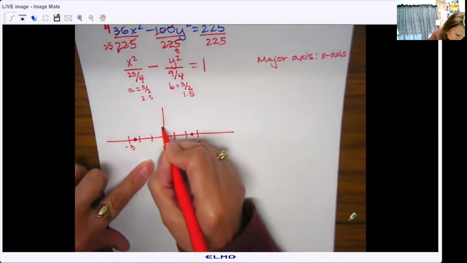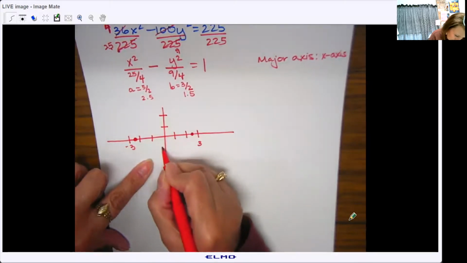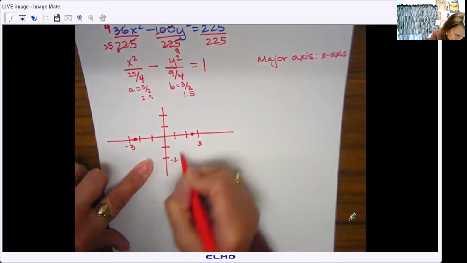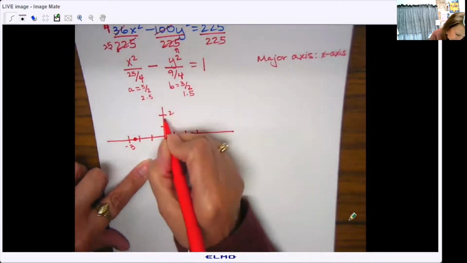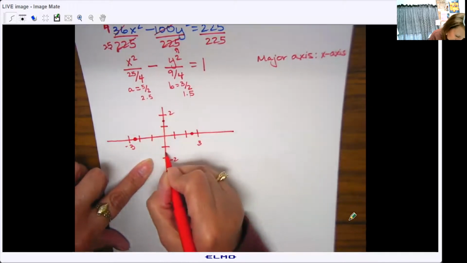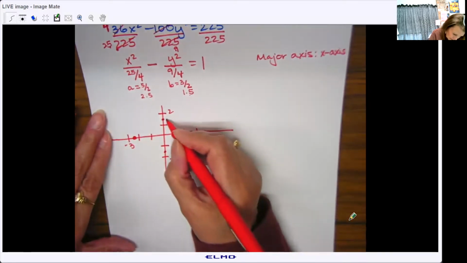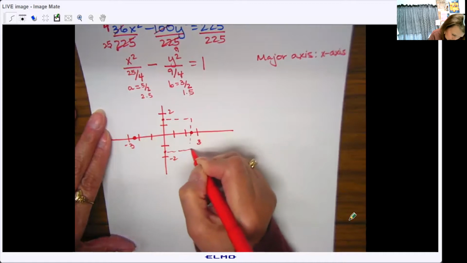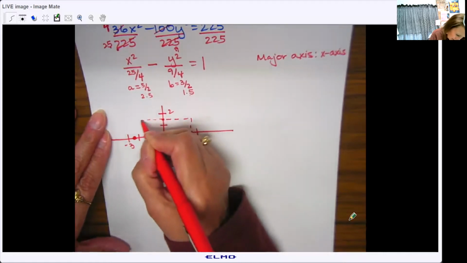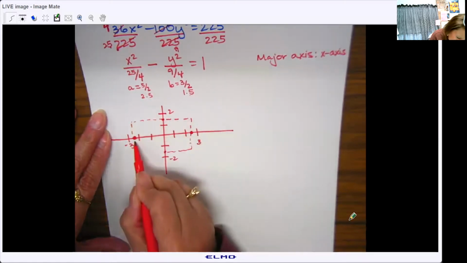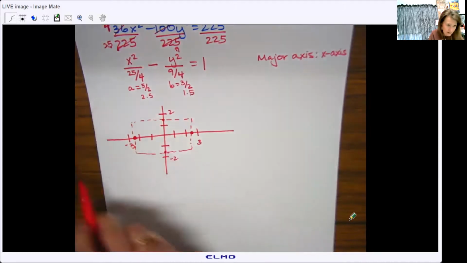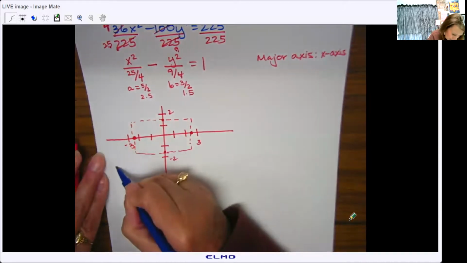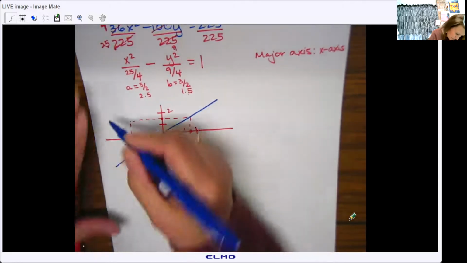And then there's -1.5 and 1.5. That's B. We use those to draw our rectangle. Some people call it a box. Go ahead, it's a box if you want, a rectangle. We use that to draw our box, and then we can draw in our asymptotes.